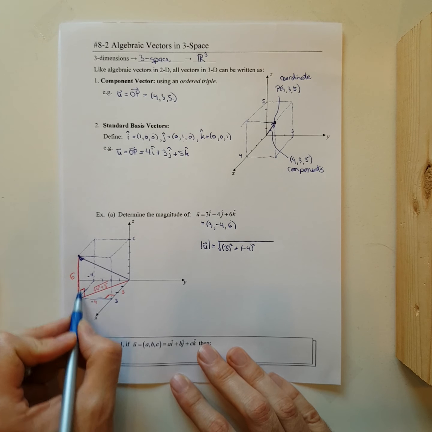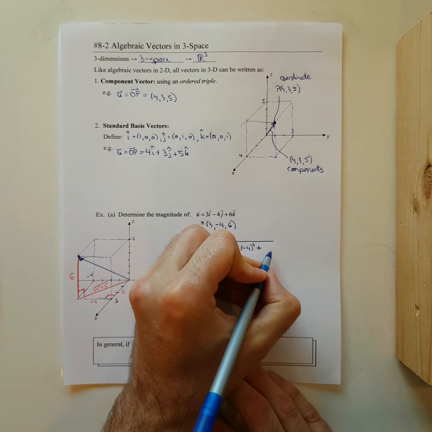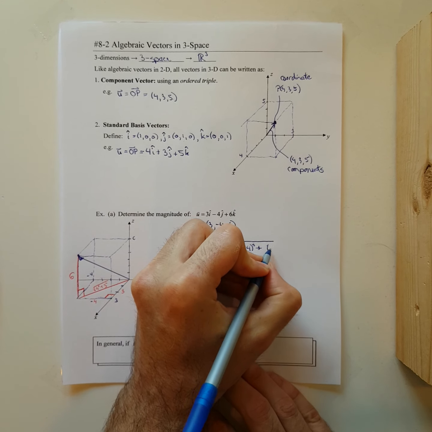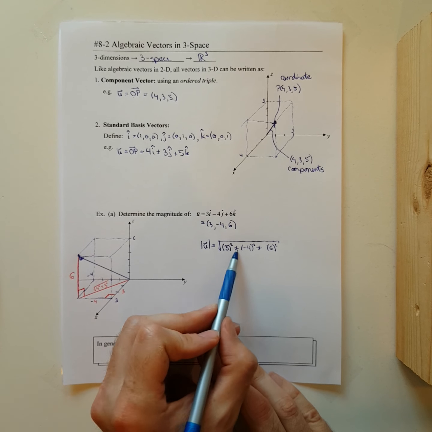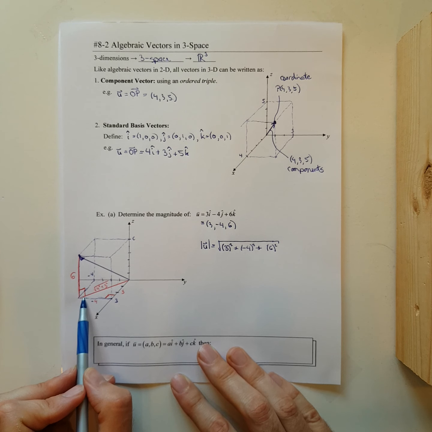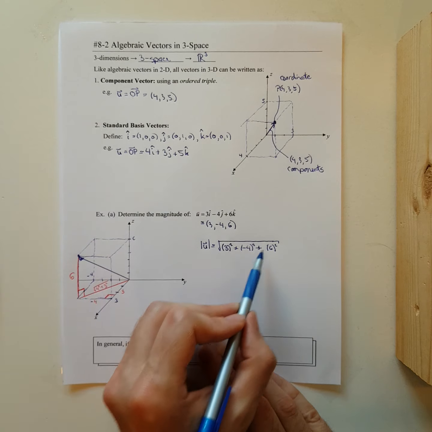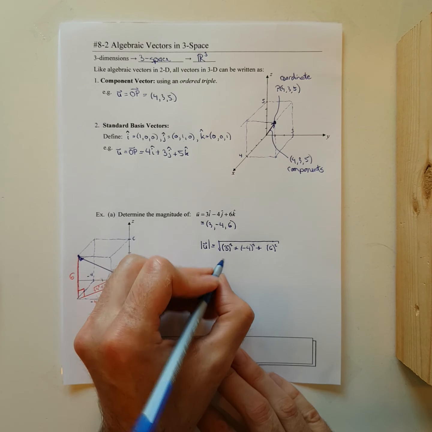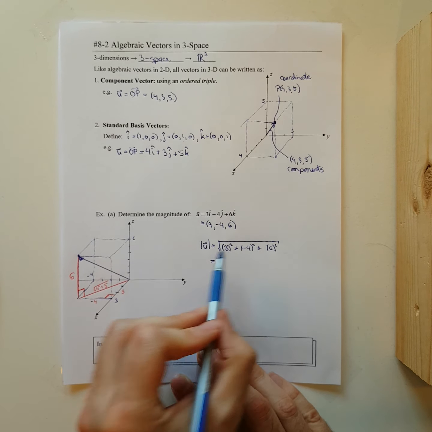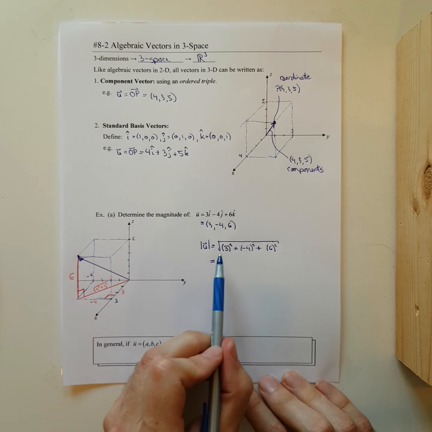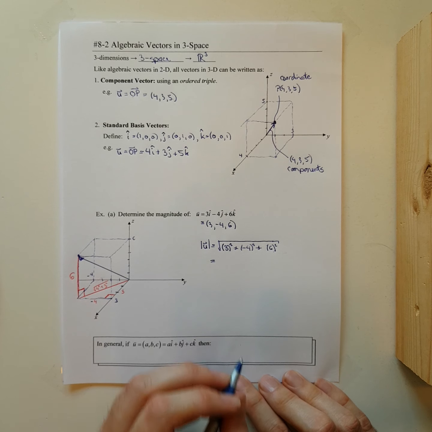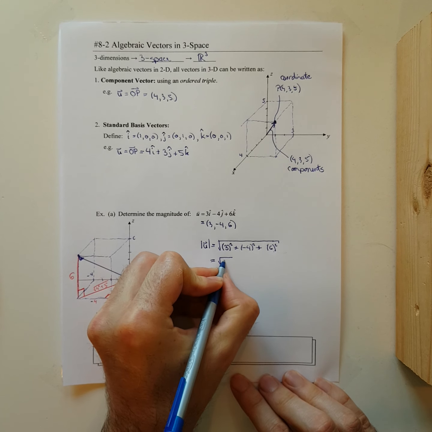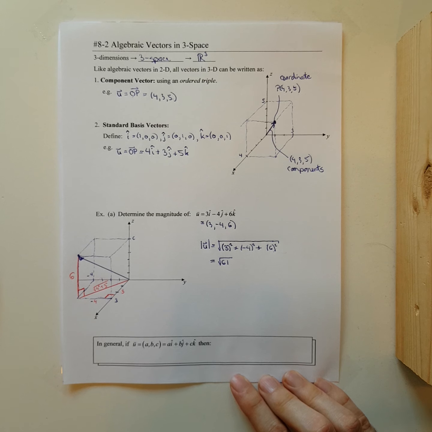So now it's that dimension, and I'm going to add on here that we have 6 squared. So these two here are calculating this length, and then we do the Pythagorean theorem again, and we end up with this formula here. In the end, we end up with this extended version of the Pythagorean theorem where it looks the same, except we just have a third dimension. And if you put this into your calculator, what you will find is that this works out to the square root of 61.